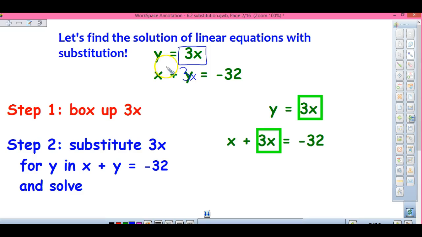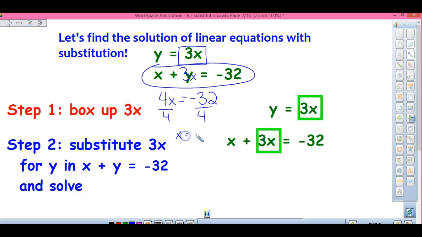Okay, now I can take this and I can solve it because I just have x's in there, right? I don't have any y's. Okay, so x plus 3x gives me 4x equals... So how do I solve this? Divide by 4. X is negative 8. Okay, now I have negative 8 as the x part of my point.